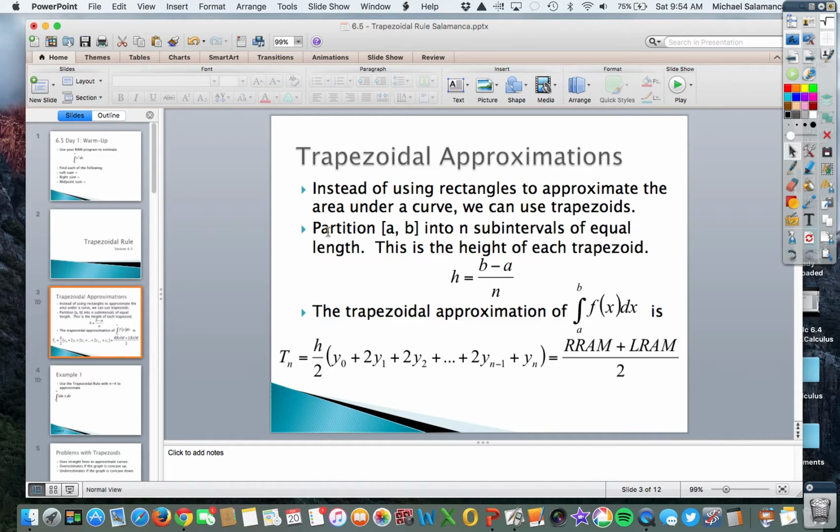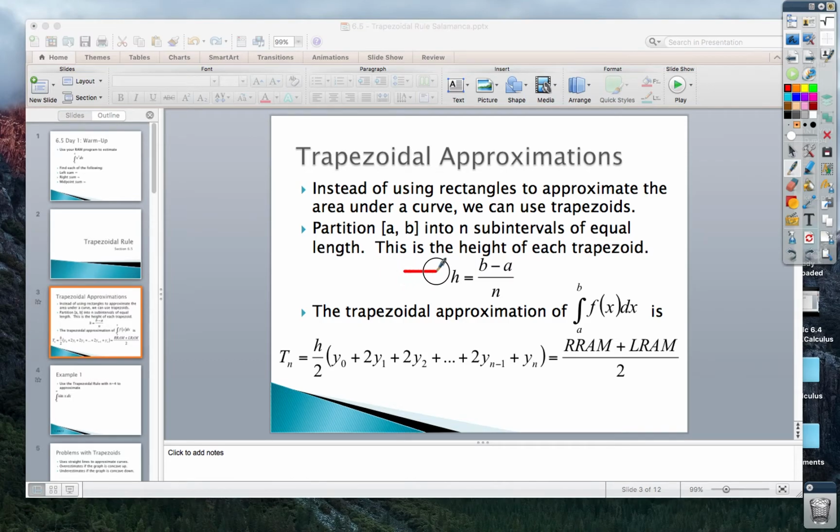When we have a partition on a closed interval from a to b, and we split that up into n subintervals of equal length, this is the height of each trapezoid. That height is defined by h equals b minus a divided by n. Then the trapezoidal approximation is h divided by 2 times this parentheses here.